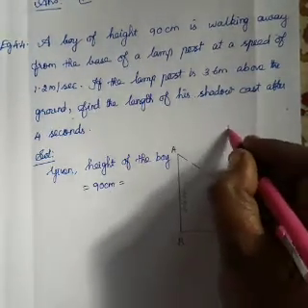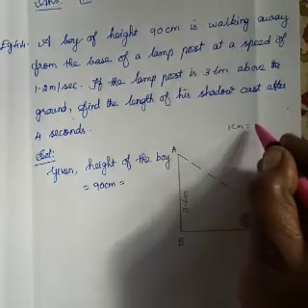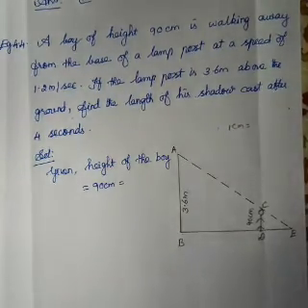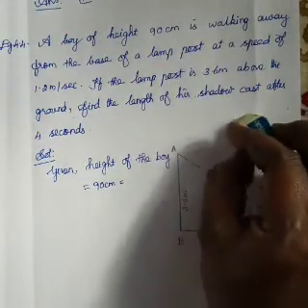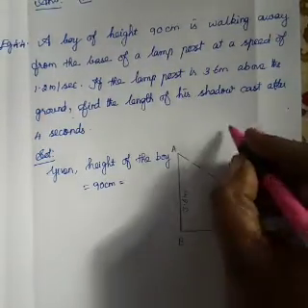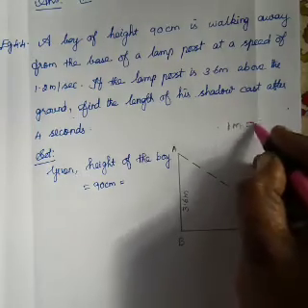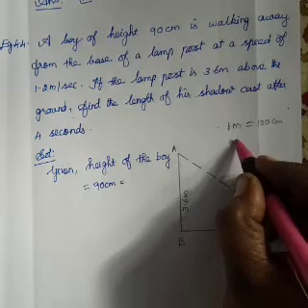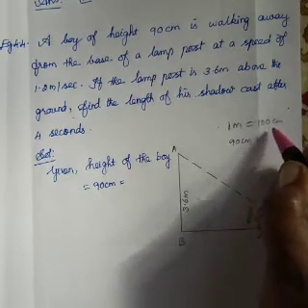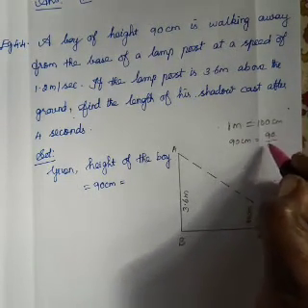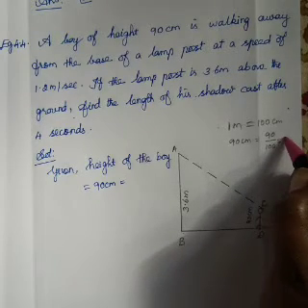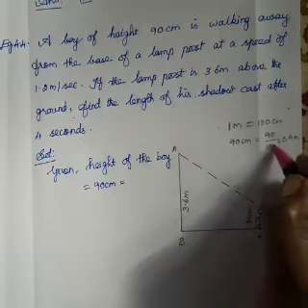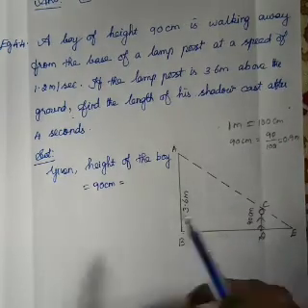We know 1 meter is equal to 100 centimeter. So for 90 centimeter you need to divide by 100. 90 divided by 100 is equal to 0.9 meter.